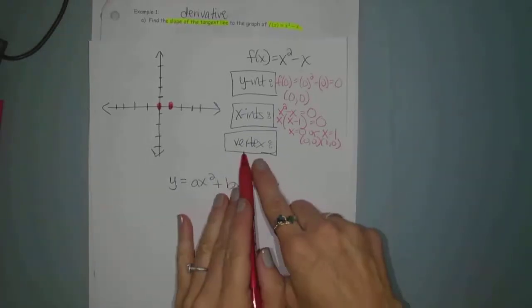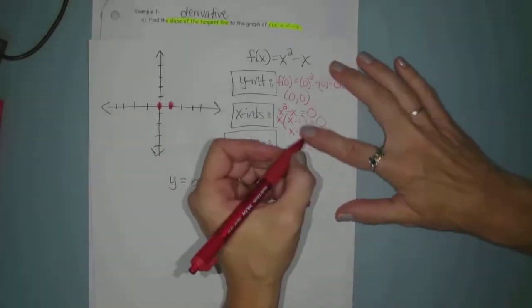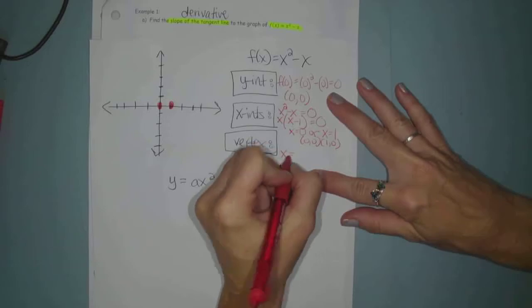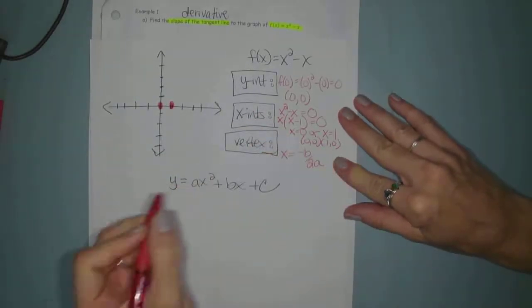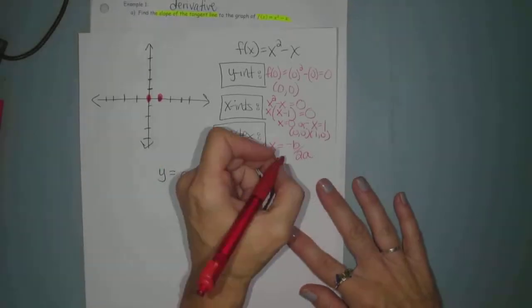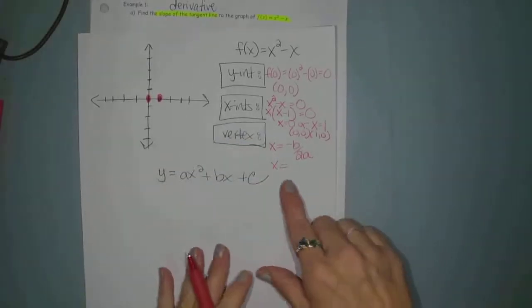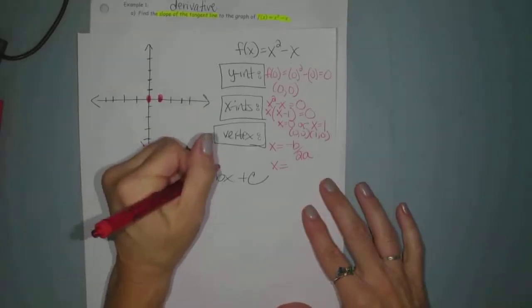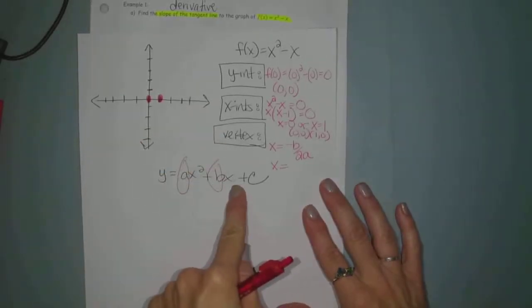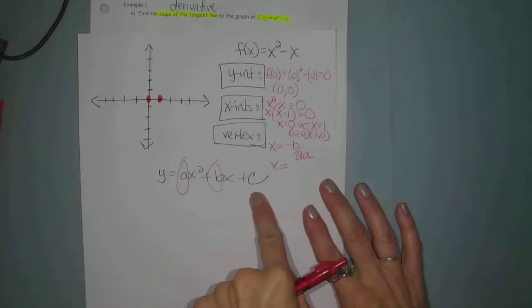And last but not least, the vertex. In Algebra 2, you learned a formula to find the x value of the vertex. It's x equals the opposite of b over 2a. So filling that in, now remember, a is the coefficient in front of x squared, b is the coefficient in front of x, and c is the constant at the back.